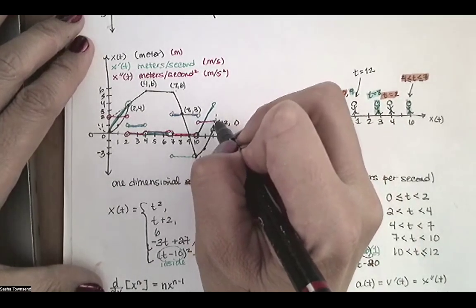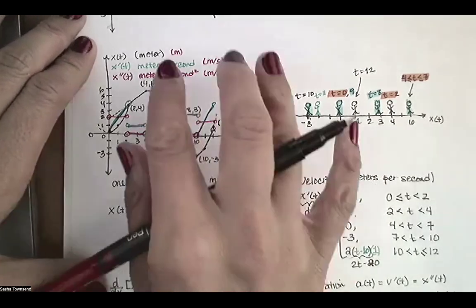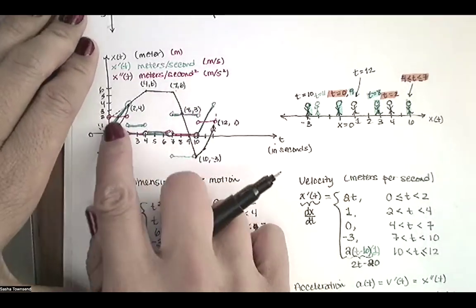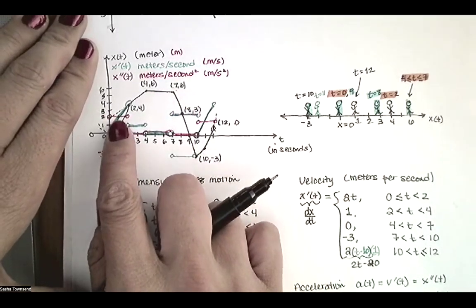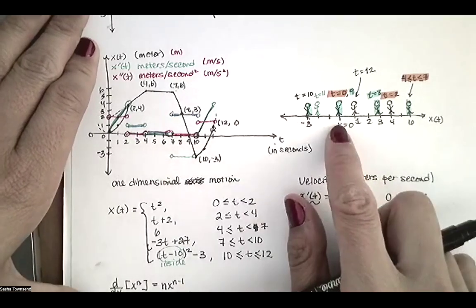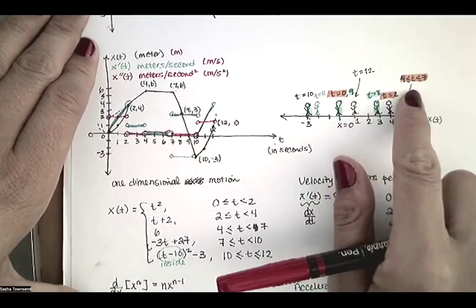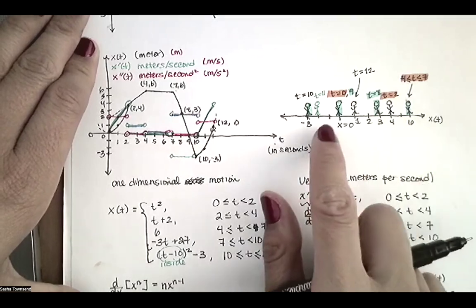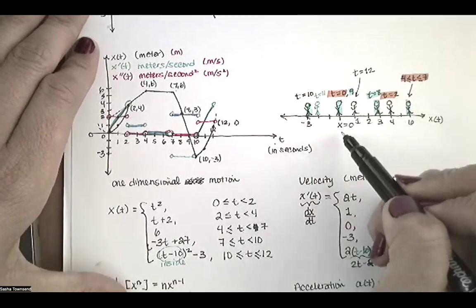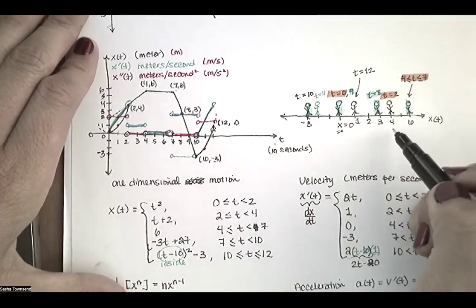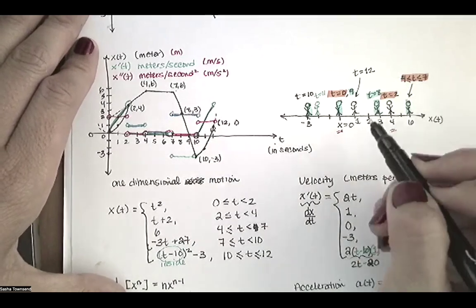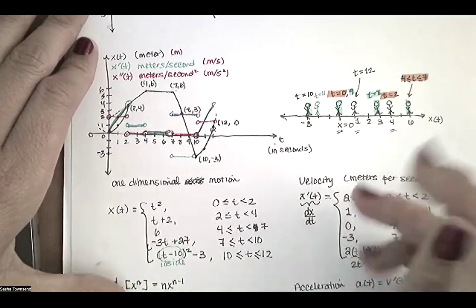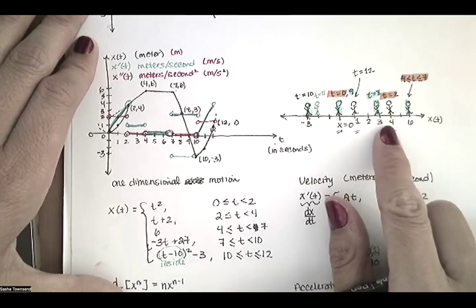But then when I interpret it, I'm thinking in terms of motion. So we say our acceleration is 2 meters per second squared on this interval from t equals 0 to t equals 2 seconds. So when our person is starting at this location and then ending at this location, they go from here to here to here. So they're speeding up.